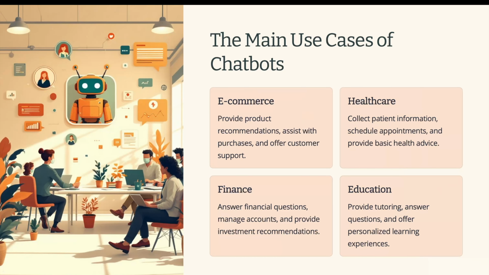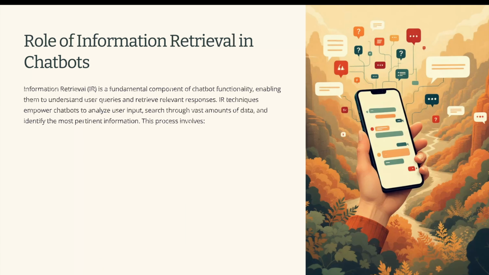Hi, this is Sreedhar Reddy. Now I am going to explain the role of information retrieval in chatbots. Information retrieval is essential for chatbot functionality as it enables chatbots to understand user queries and retrieve relevant information. IR equips chatbots with the ability to analyze user input and process it into meaningful data by identifying the user's intent and key terms.